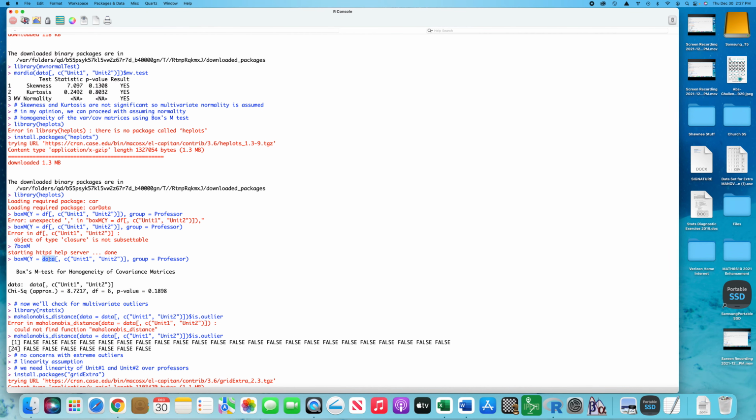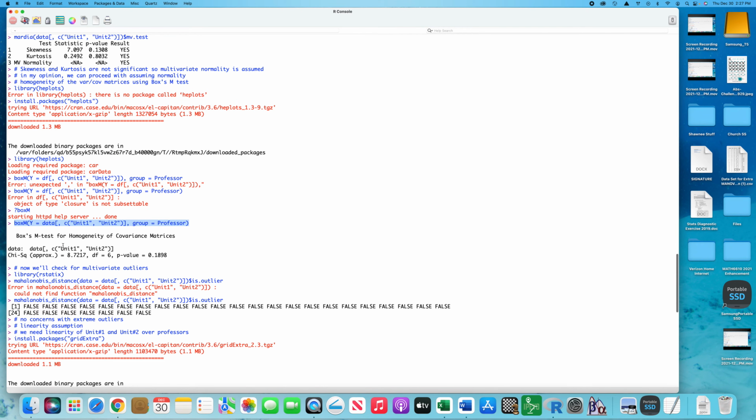I named it data. Once I corrected that by using data instead of df, you can see that I get my Box's M test, and we do not have statistical significance. So we can assume that the homogeneity of our variance-covariance matrix structure is met.